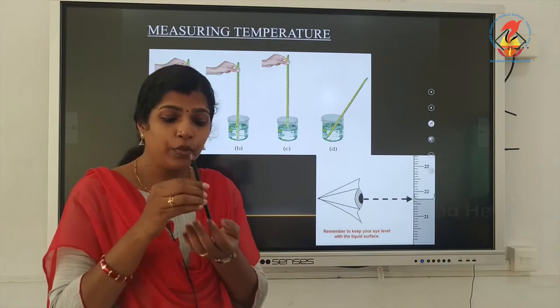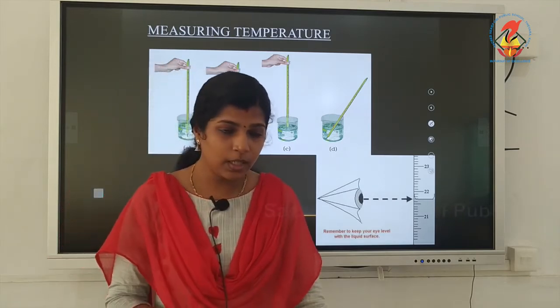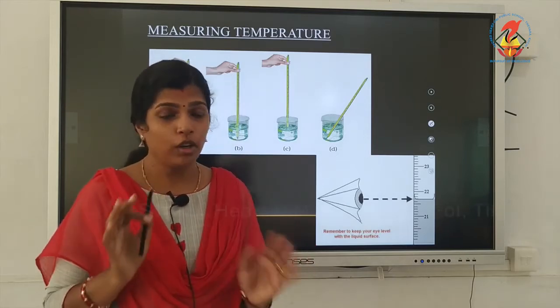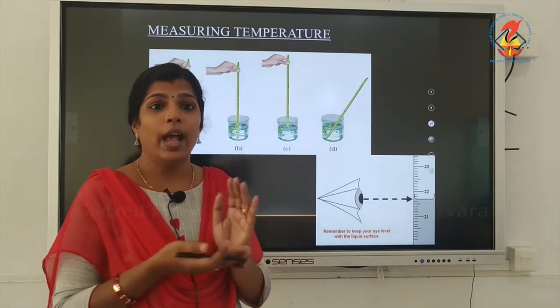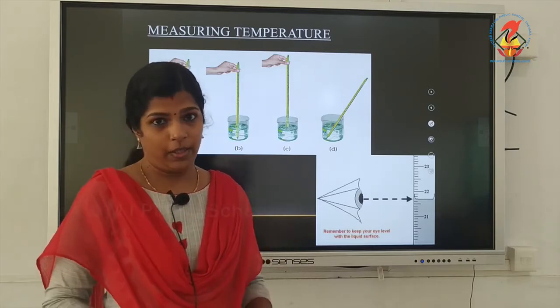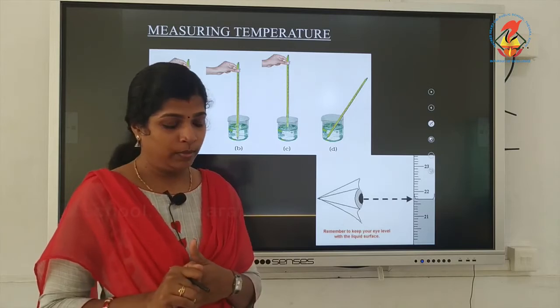The bulb is surrounded by the substance whose temperature is to be measured. It should not touch the sides and bottom of the container or beaker. That's a second precaution.